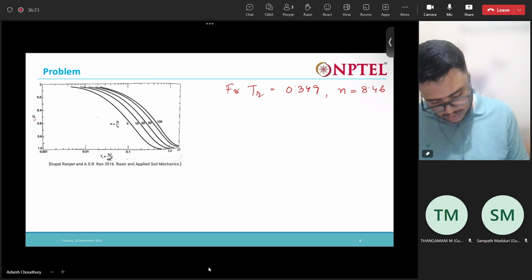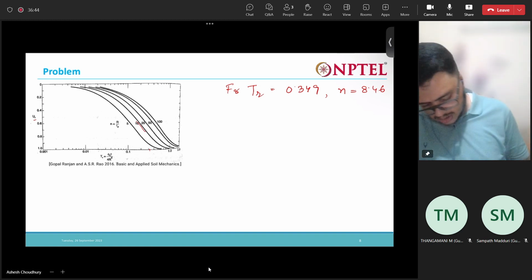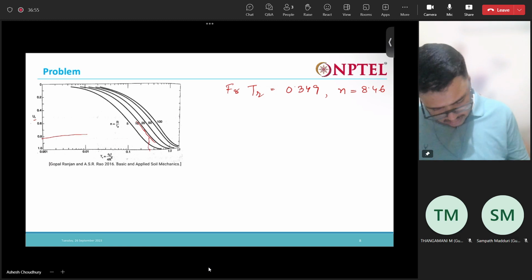So 0.1, 0.2, so all approximately here. For 0.349, and for N equal to 8.4, the graph point is going to be approximately here or slightly below that. So just an approximate value we will be trying to get.